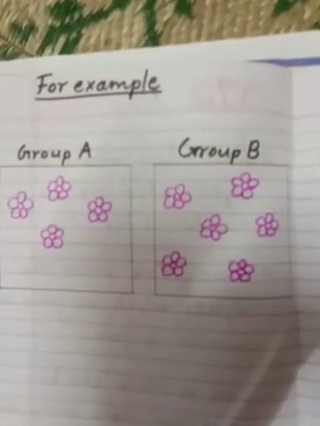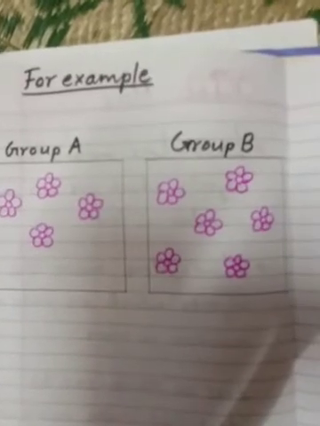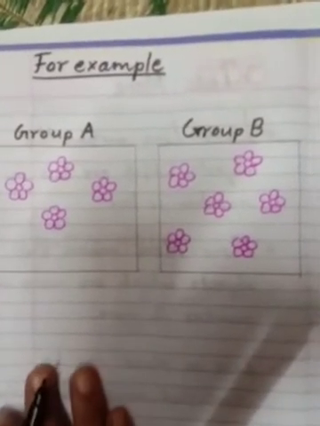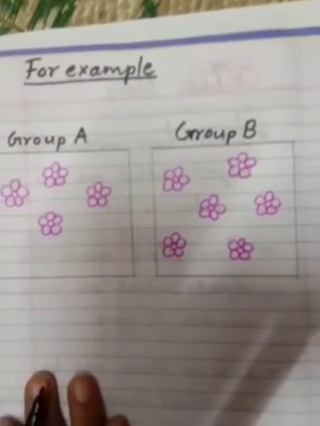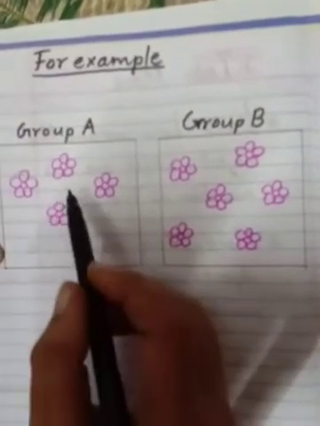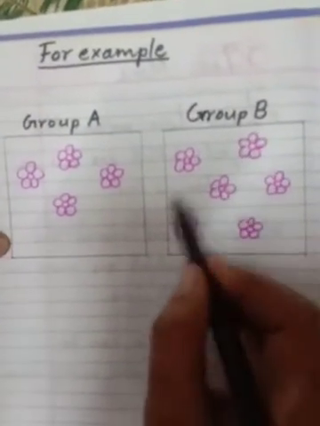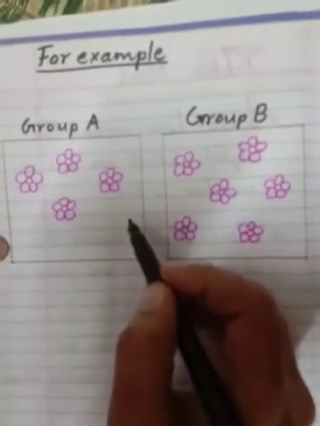Now children, we will do one more example in the book of pairing, which I showed you on the blackboard with flowers. Same we will do in the book, so you will understand more. Now, your group A and group B. Now this we are going to do by pairing.